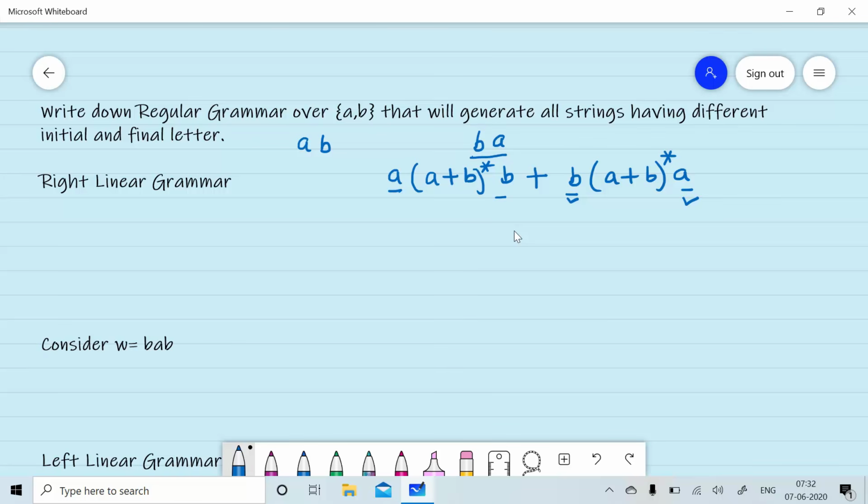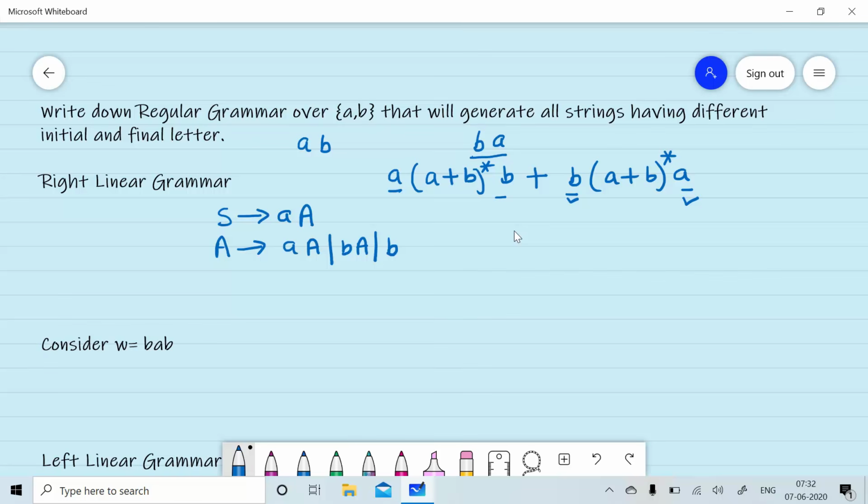Now first we will generate the right linear grammar for the problem. If it is starting with a, that can be generated using the production rule S → aA, and A can give you any number of a and b and terminated with b.